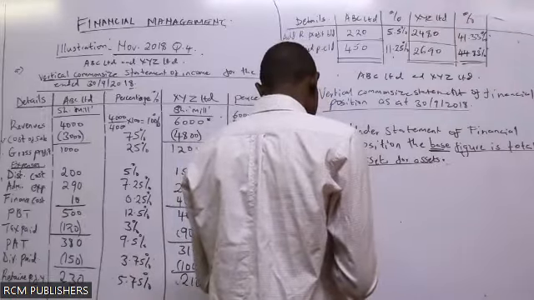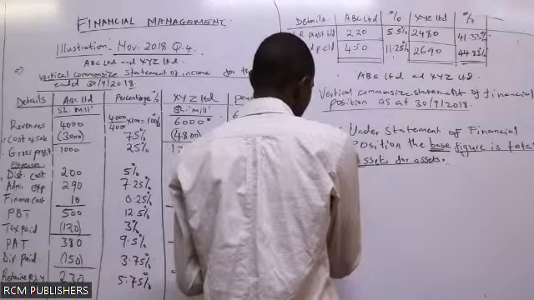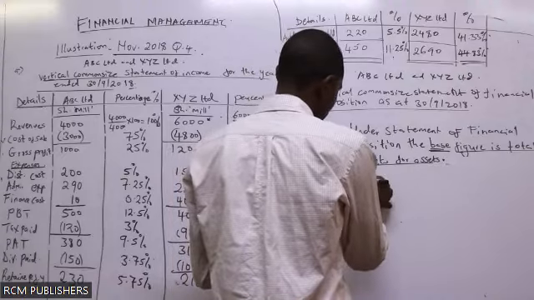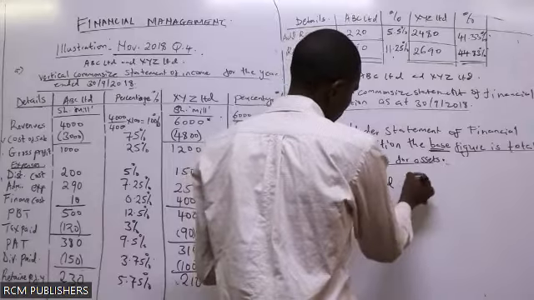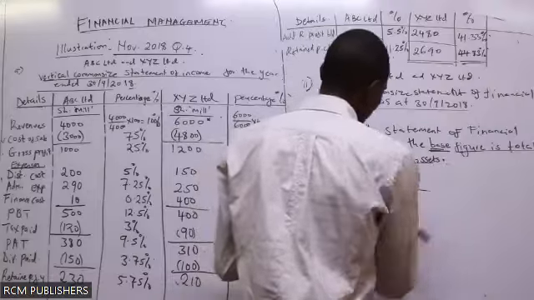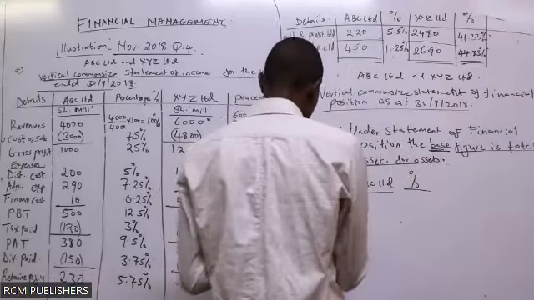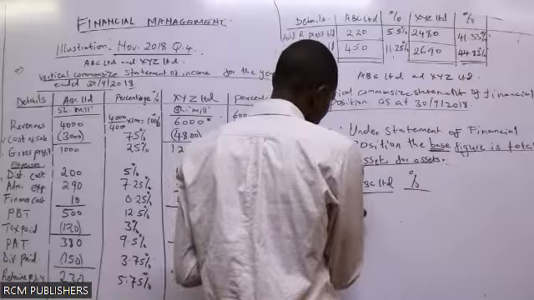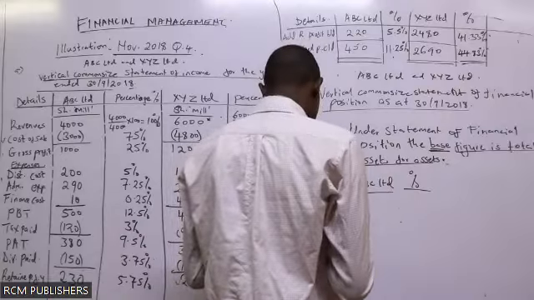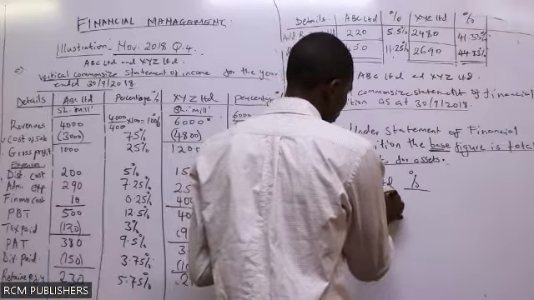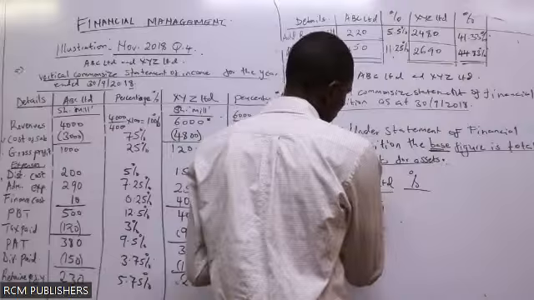For instance, I have detail ABC Limited, percentage. So I have land and building. We are dealing in millions.